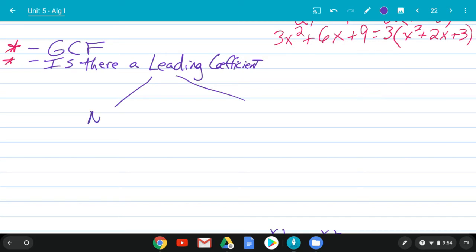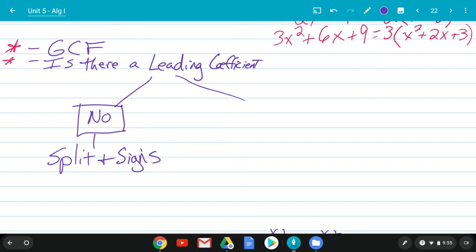If your answer is no, there's no leading coefficient, and these are the ones we're going to do today, you will go right to split and signs. Once you've split the signs, you'll list the factors of the constant. I'll show you what all that means in a minute.